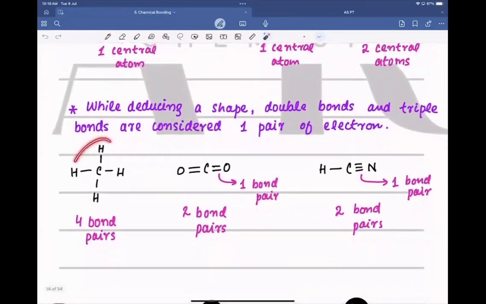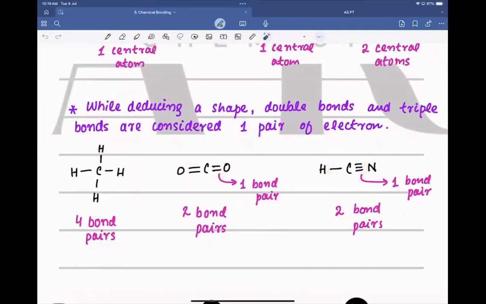For example, these are 4 bond pairs, right? Now have a look over here. If you see the number of bonds, there are 4. So we can say there are 4 bond pairs here as well, right? And over here, how many bond pairs are there? 4.